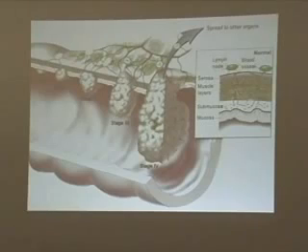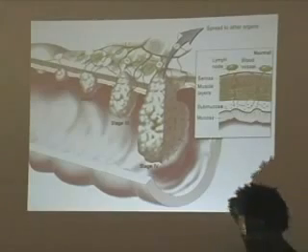But we're going to pay attention to the colon, because the colon is where all disease is created from.